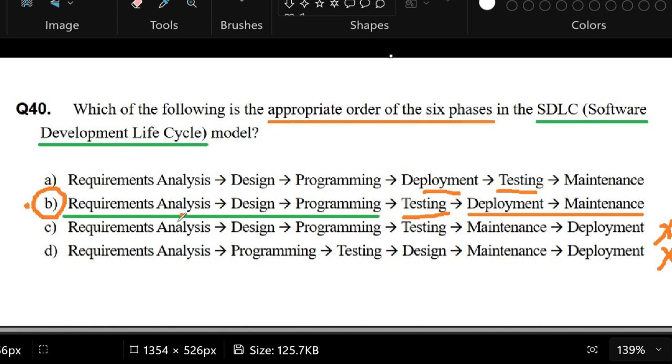So really the correct answer is letter B, especially if you can eliminate the other choices simply because you understand how things are supposed to be done, and also what these phases are supposed to be. Alright, so the correct answer again is letter B.